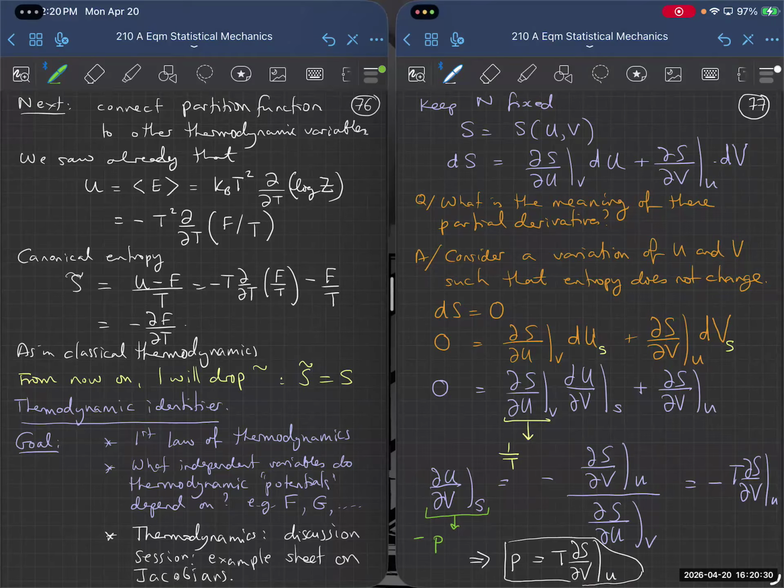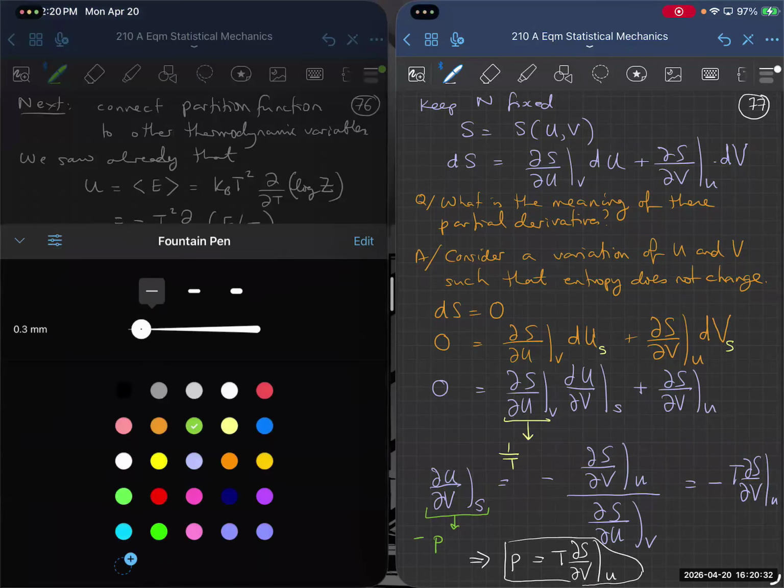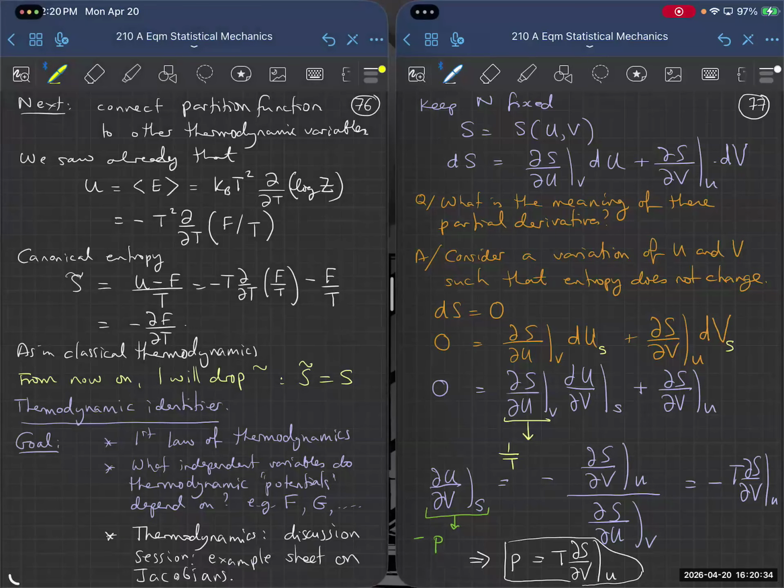So I advertised Jacobians on the previous page, and this is something that, if you want to know how to do all these mysterious thermodynamic calculations, like the one I just showed you, which seems lacking in motivation, but it ended up making an important prediction. It says the pressure is related to the change in entropy as you change the volume at constant energy times T. Okay, you didn't know that before, and I used that result earlier, but now I've proved it to you.